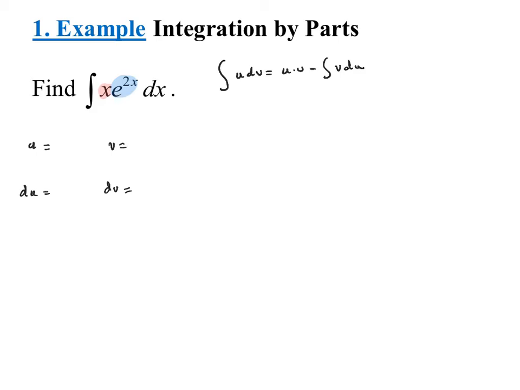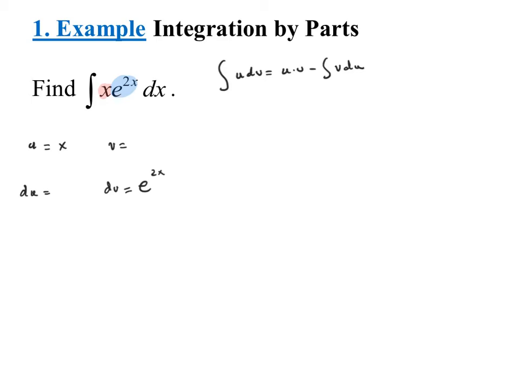We always want to make u the one that when you take the derivative it gets easier, and we always want to make dv the more complicated of these two. So it seems to me that the more complicated of these two would be e to the 2x, and the easier one, the one that I take the derivative of and makes it easier, is x. So this is my guess as to what u and dv are.